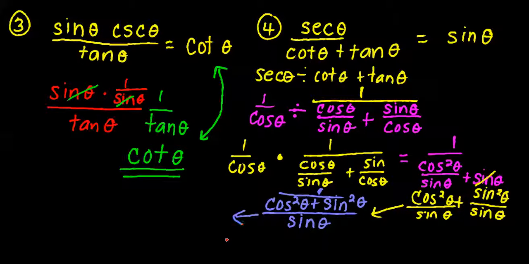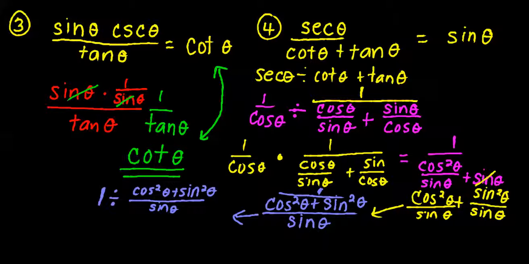So I'm going to rewrite it again. I am basically taking 1 and dividing it by cosine squared plus sine squared, all over sine.